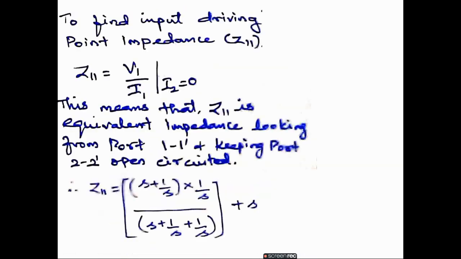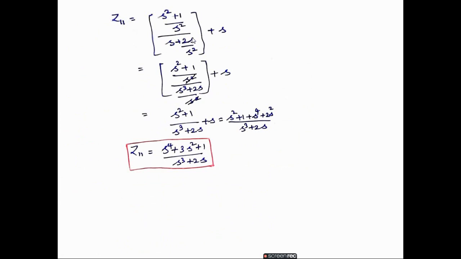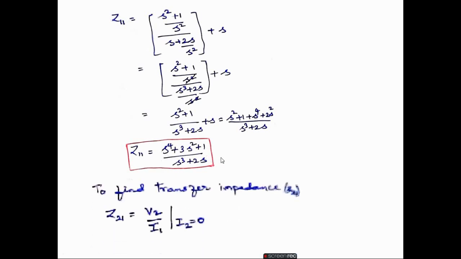That series combination is in parallel with 1 by S, and the total combination is in series with S. Once you simplify this, Z11 will be S power 4 plus 3 S square plus 1 divided by S cube plus 2S. This is your input driving point impedance.